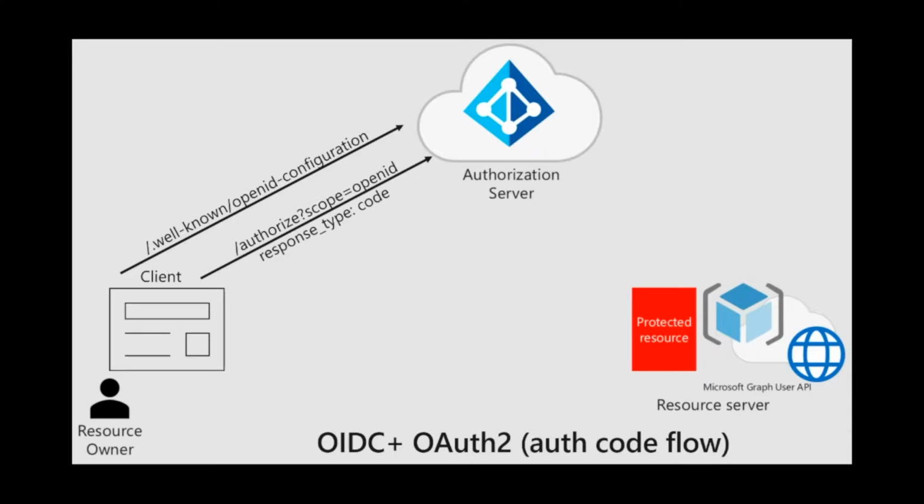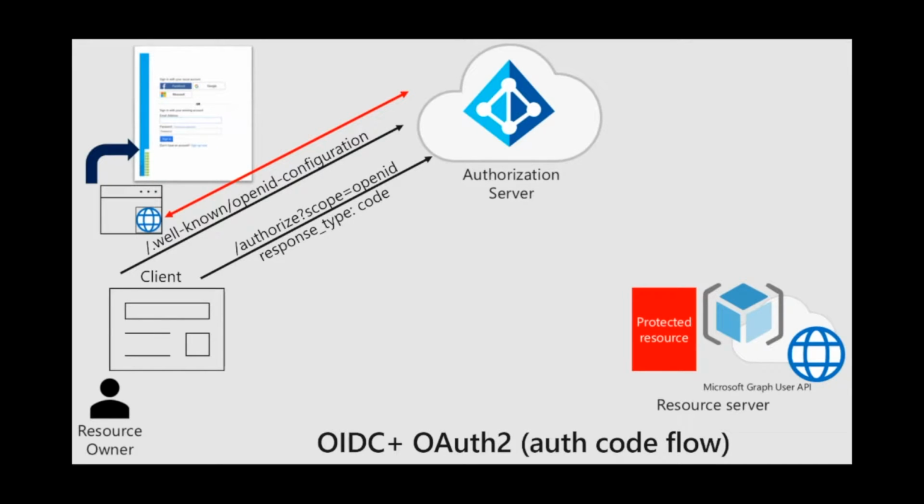The client then goes to the authorize endpoint of the authorization server with the response type of code. The user is presented with the sign-in dialog, which takes place outside of the application in a private conversation between the resource owner and the authorization server.